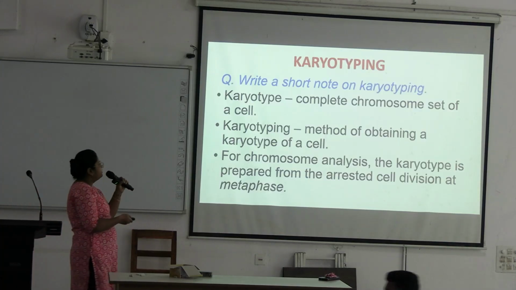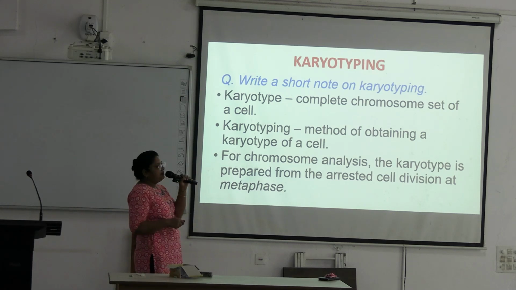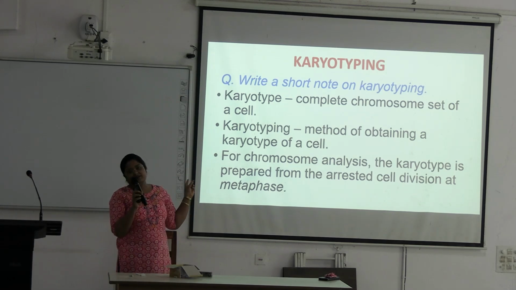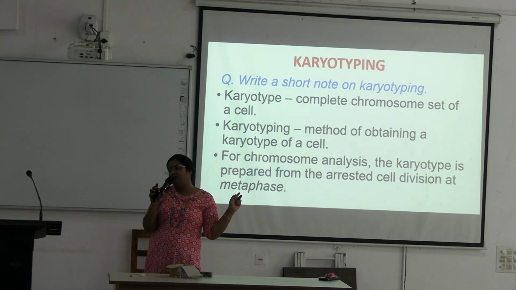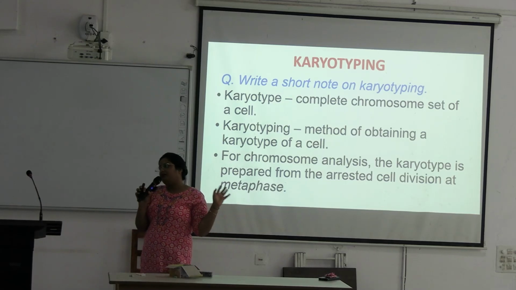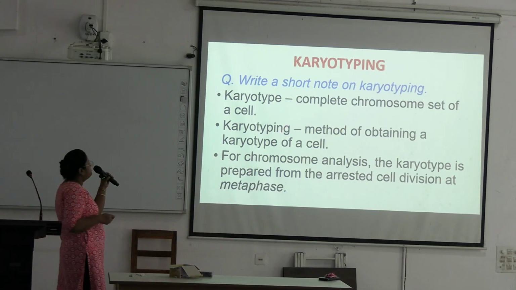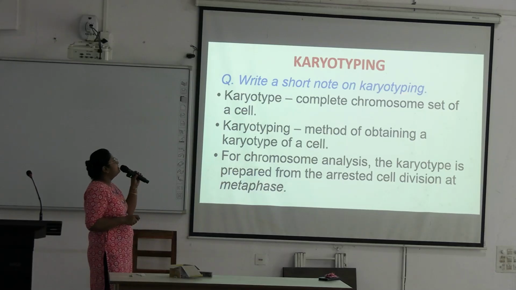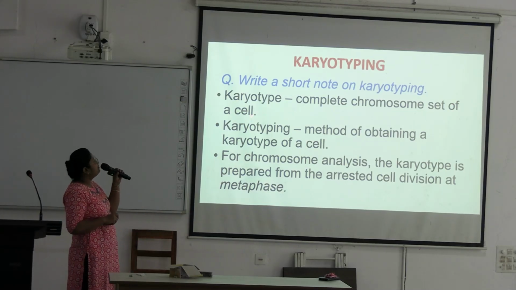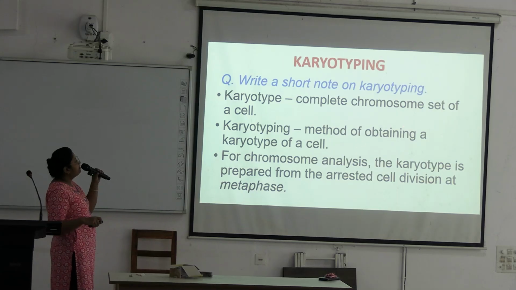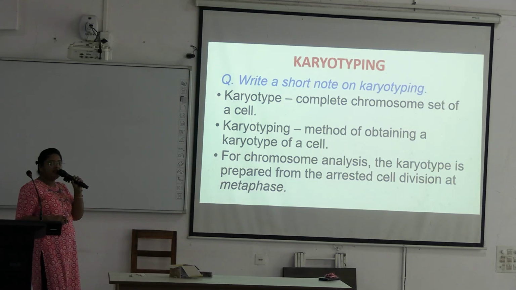Okay. What is karyotyping? Very commonly given short note in your theory paper. Karyotyping you must know. Karyotype is the complete chromosome set of a cell, and karyotyping is the method of obtaining a karyotype of a cell.